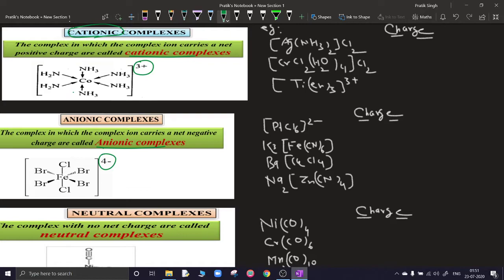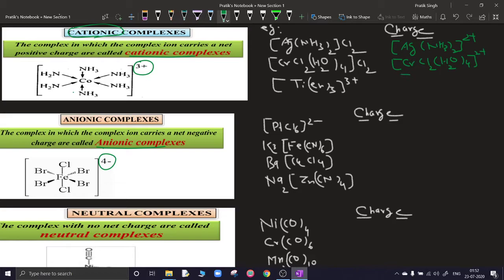If you see this, the complex over here is Ag(NH3)2, and the charge of the complex is 2 plus. Similarly, this is CrCl2(H2O)4, with charge 2 plus.